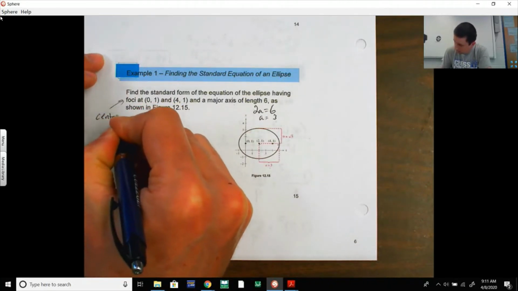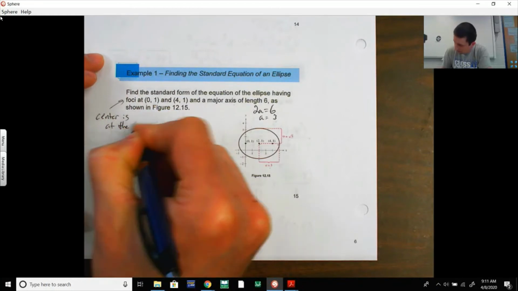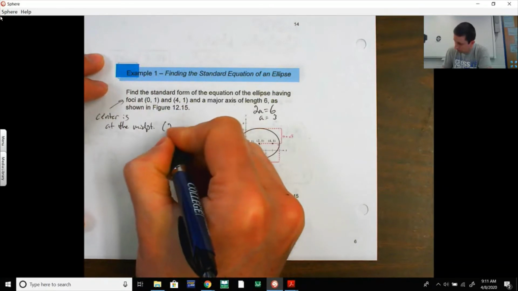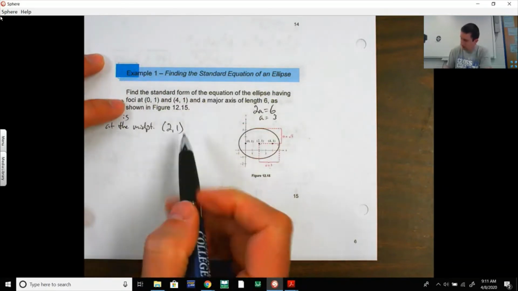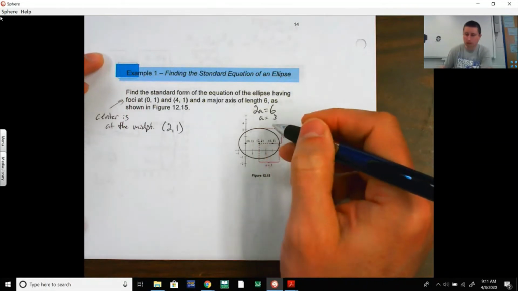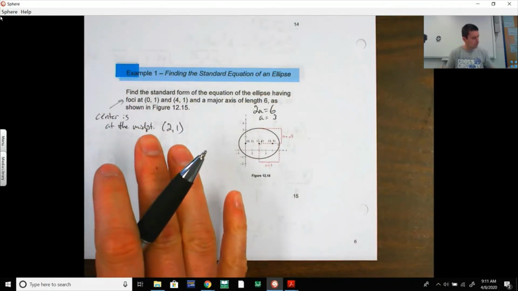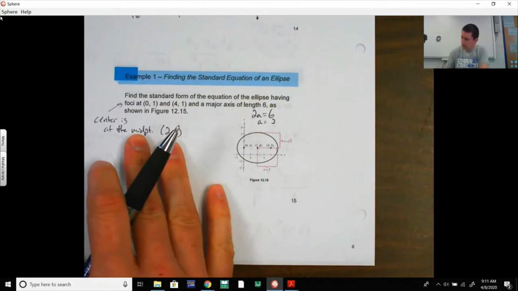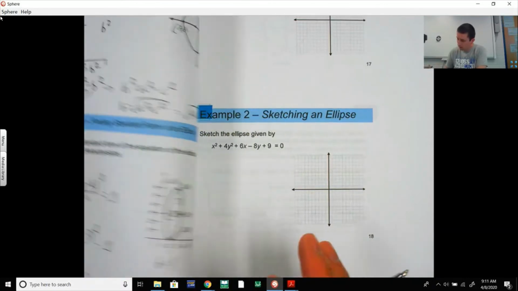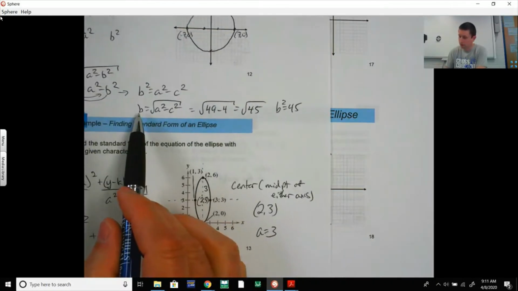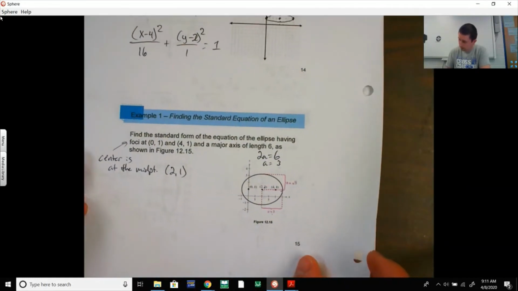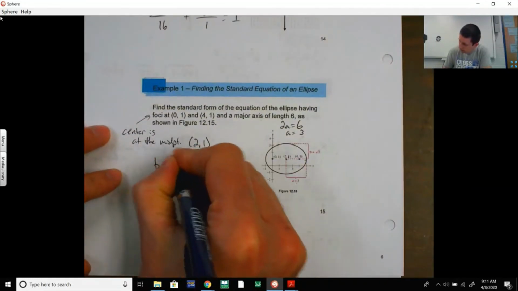Again, the center is at the midpoint. So 0, 1, and 4, 1, the center would be at 2, 1. Okay, so that's what they have for the center there. So we need to find the B. Oh, we already have a formula for B. Remember, B equals the square root of A squared minus C squared.